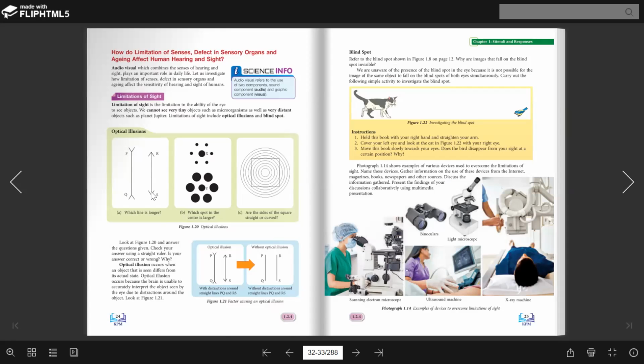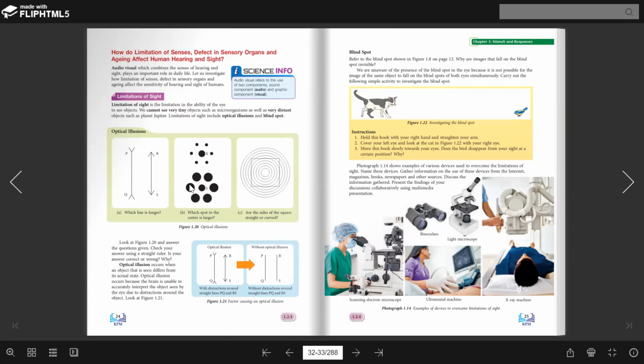These are examples of optical illusion. If you notice, P and Q and Q and R and S basically have the same length, but due to the distraction, you will see that these two have different lengths, but actually they have the same length.